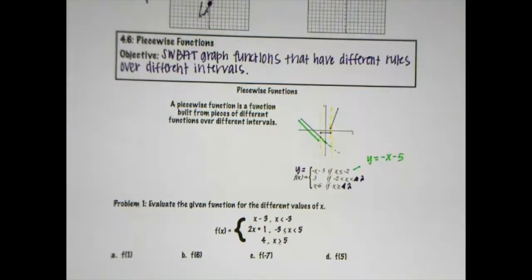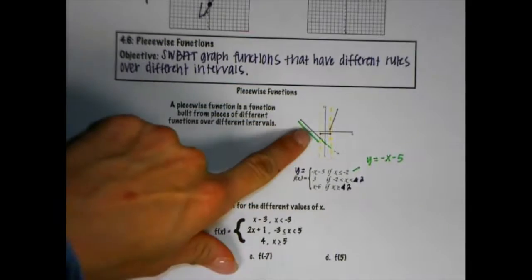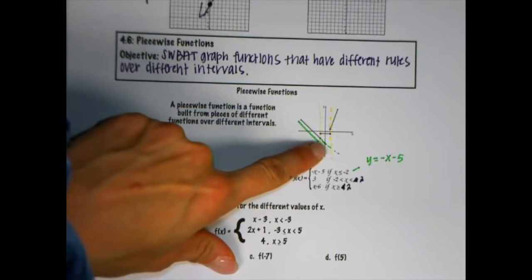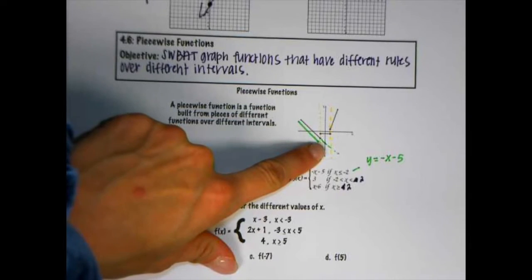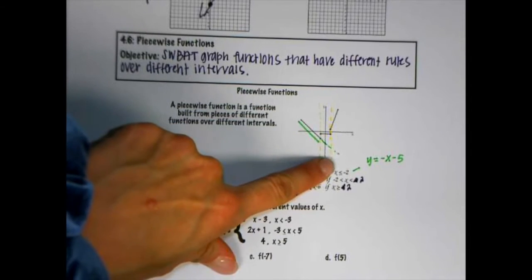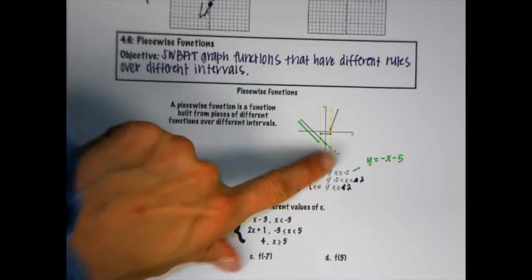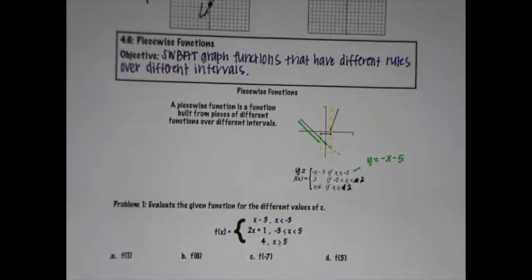So that line right here is only allowed to exist up to -2, and then it has to stop. Okay? But if I were to extend it, it would go through the correct y-intercept, but I just can't extend it. Okay? So it's like you graph it, and then you erased it up to that point.